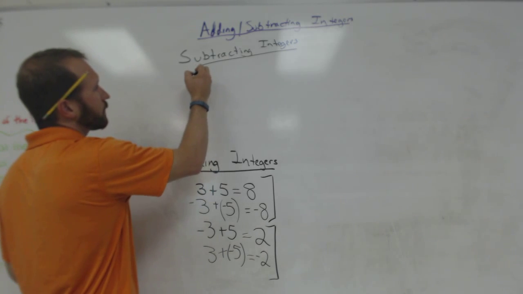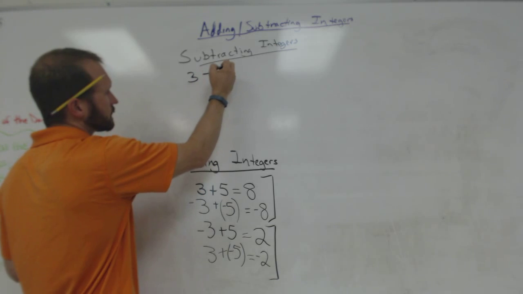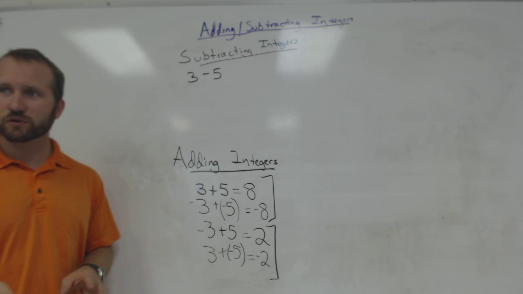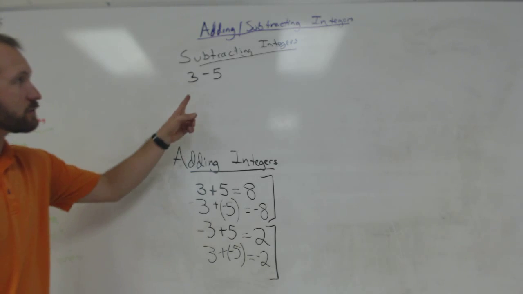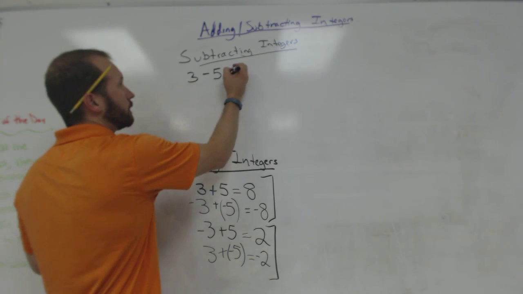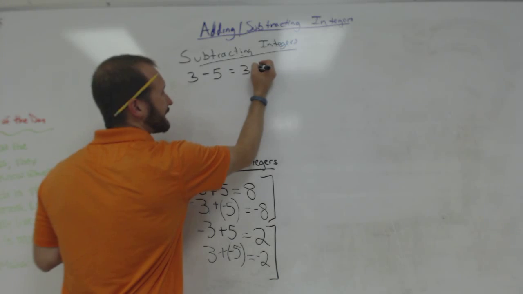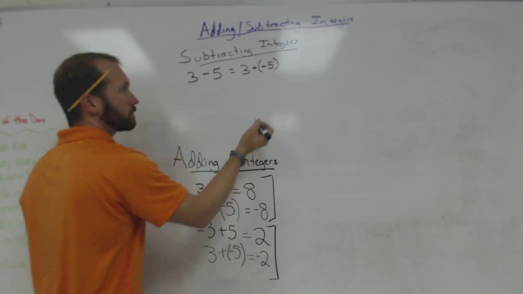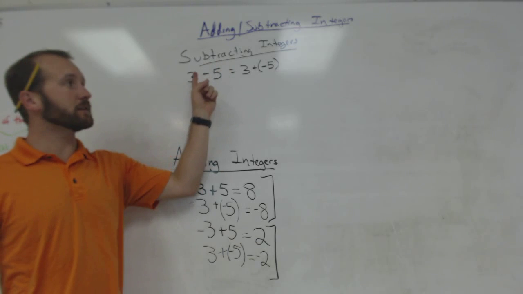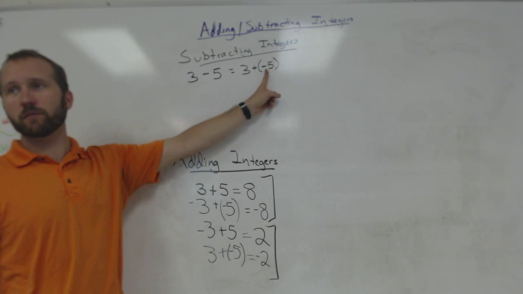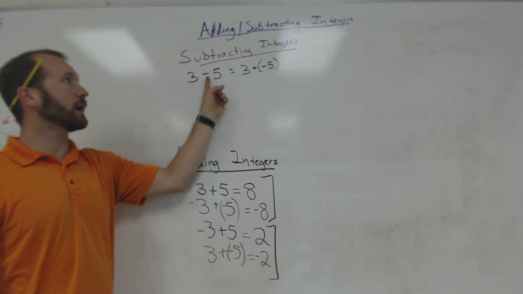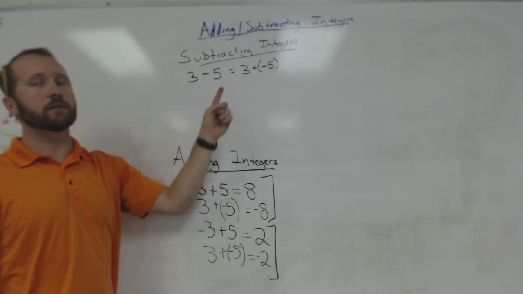So if I have 3 minus 5, this is really 3 plus negative 5. Because subtracting is just adding a negative number.